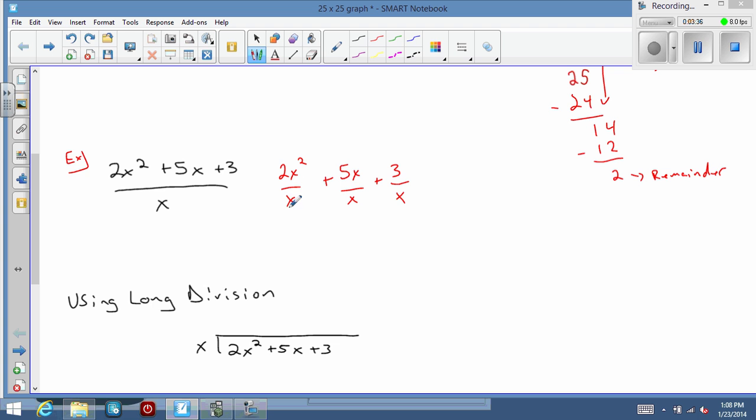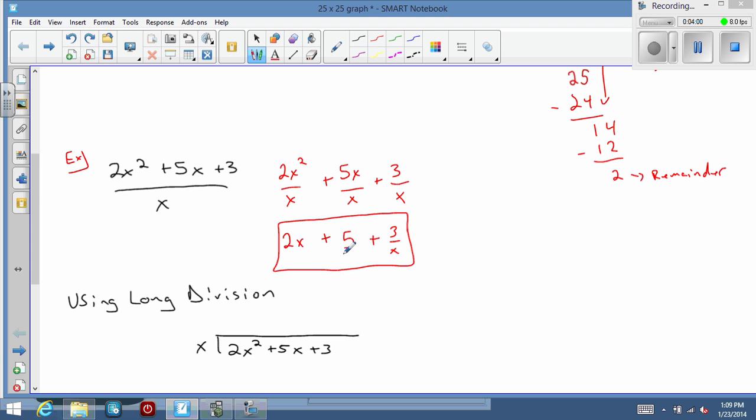When I simplify 2x squared over x, it cancels out one of the x's. We're left with 2x. For the second term, we get 5x divided by x. The x's are going to cancel out. We get 5. And for the last term, 3 over x, there's nothing to cancel out, so it's left as a fraction. And we get 2x plus 5 plus 3 over x.